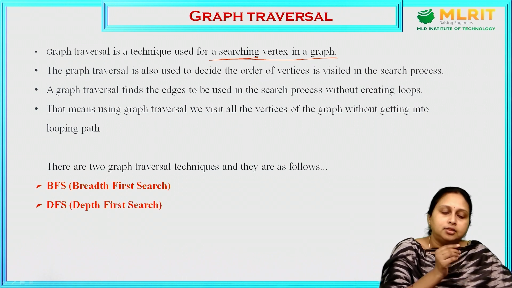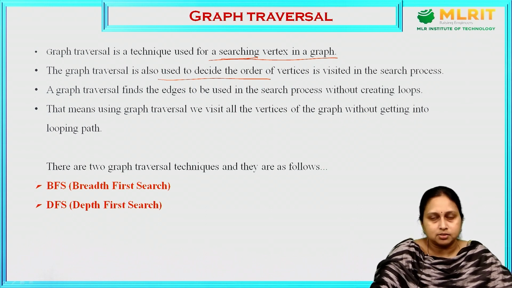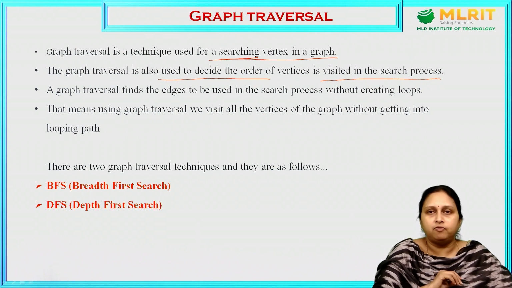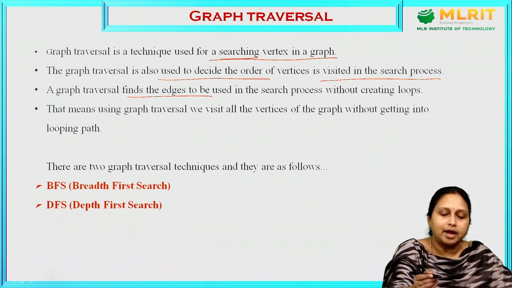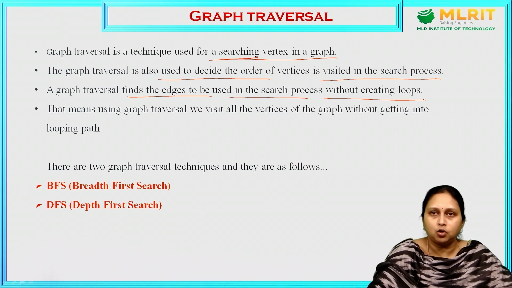The graph traversal is also used to decide the order in which vertices are visited in the search process, in which order you want to traverse through your graph. That is also decided based on the graph traversal. Another one: a graph traversal finds the edges to be used in the search process without creating any loops.